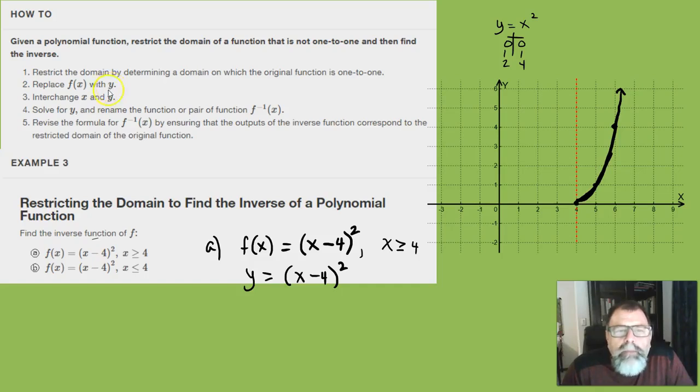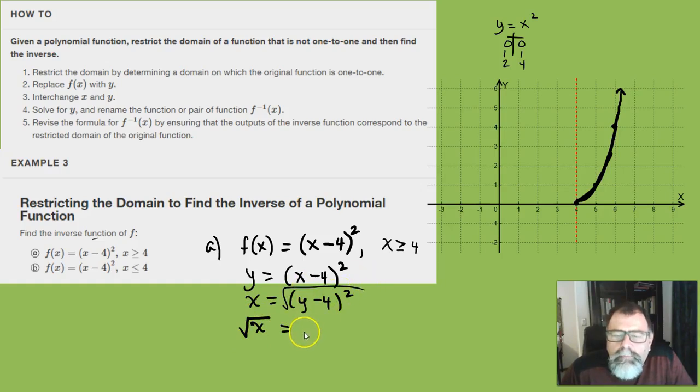So f of x becomes y. Now you interchange the x and y's. So x equals y minus 4 squared. Then you're going to square root both sides.